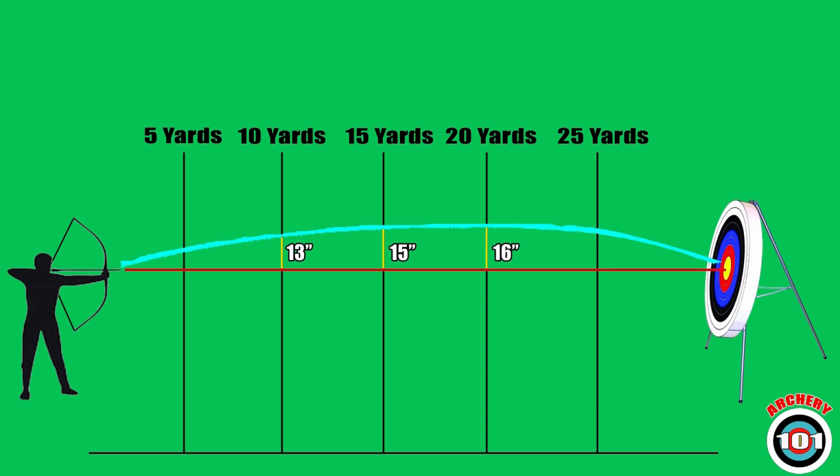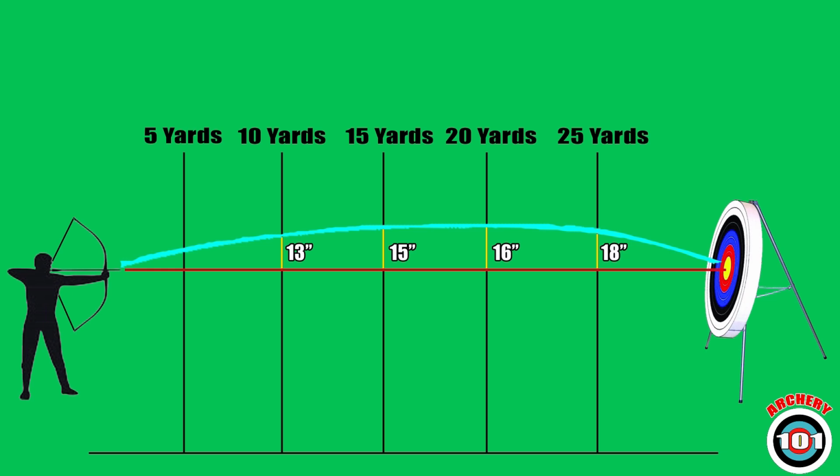At 20 yards, the difference is 16 inches. The difference is gaining as the trajectory of the arrow keeps climbing. At 25 yards, it's 18 inches. And this trend would continue until the arrow hits its peak, until it starts dropping back down, and then the gaps will start coming back down in distance.